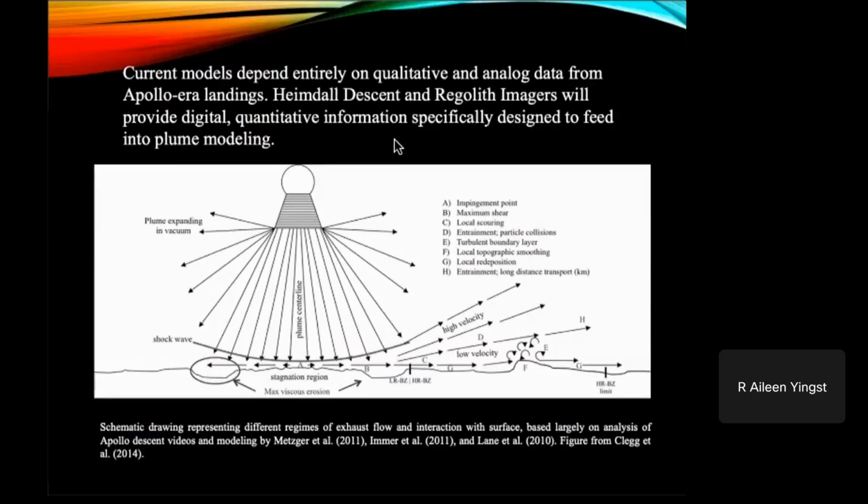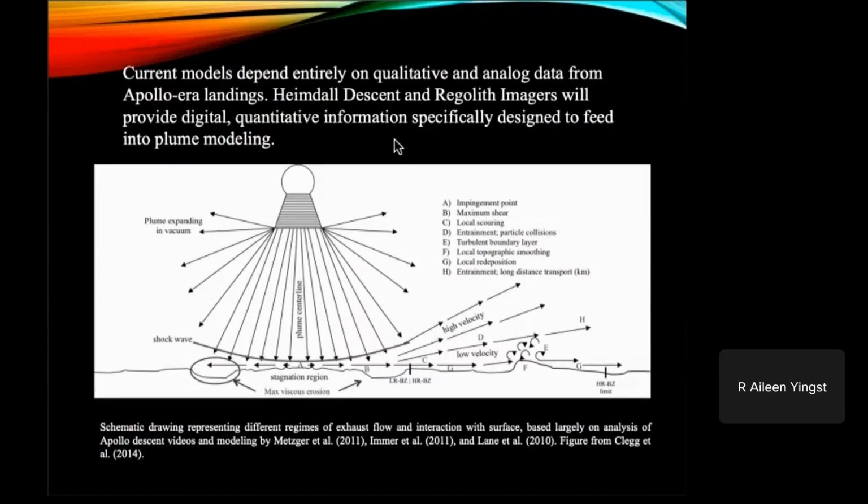And one of the reasons this is important is because our best data is Apollo-era descent videos. These are analog, so they're lacking a lot of that quantitative information that really allows us to do modeling that would allow us to calculate optical density and regolith erosion and so on.